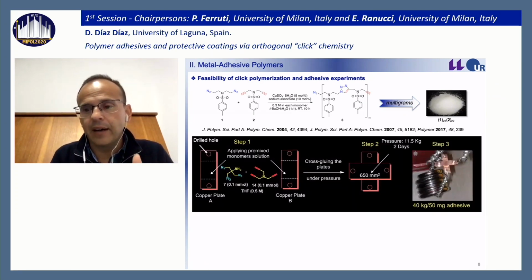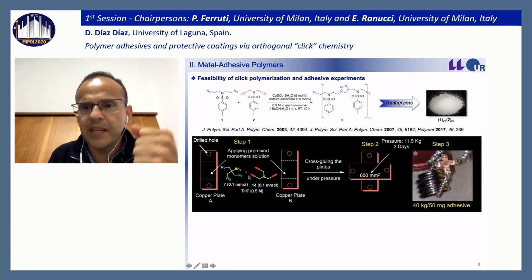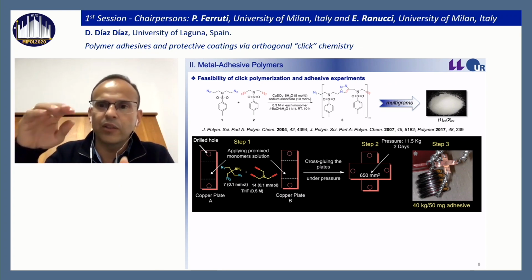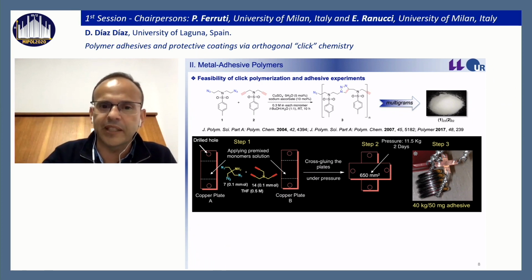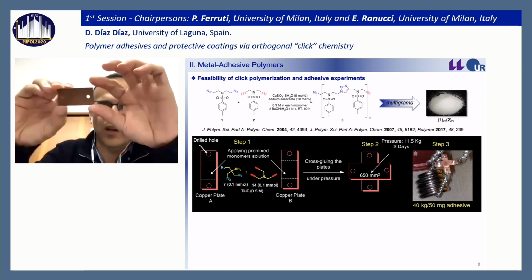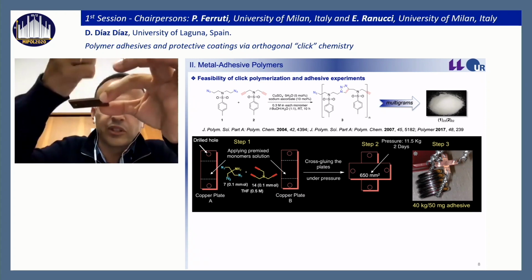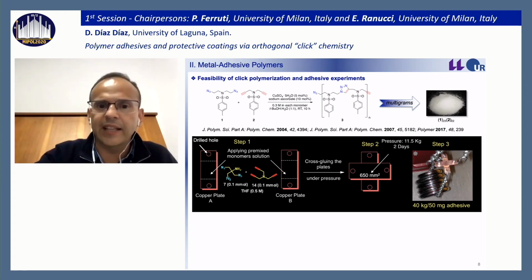What I was saying is you take a surface, a copper plate, and you put a little bit of a mix of polyvalent alkyne and azide directly on the surface of a metal. This is a plate like the one you see here. You put the mix of the alkyne and the azide, and then you just close the plate.